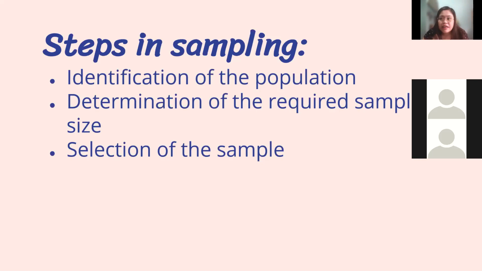If you say residents of General Santos City, you have to get the census of how many residents there are in Gensan, those whose address is Gensan. You need to get it from the PSA, or even if you find it on the internet, it's okay. It's okay if you find the current population of Gensan on the internet. And then selection of the sample.